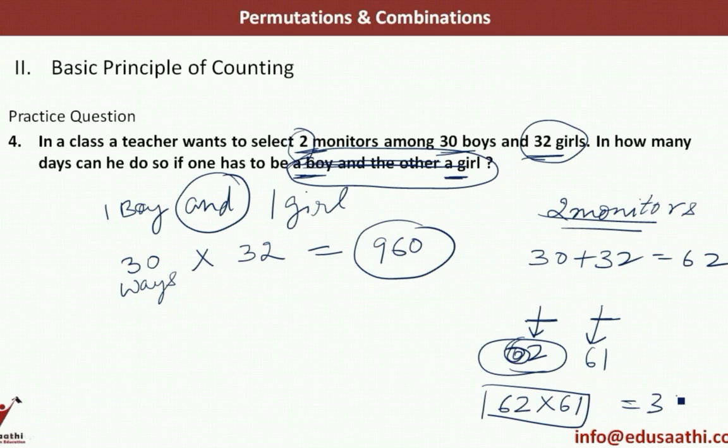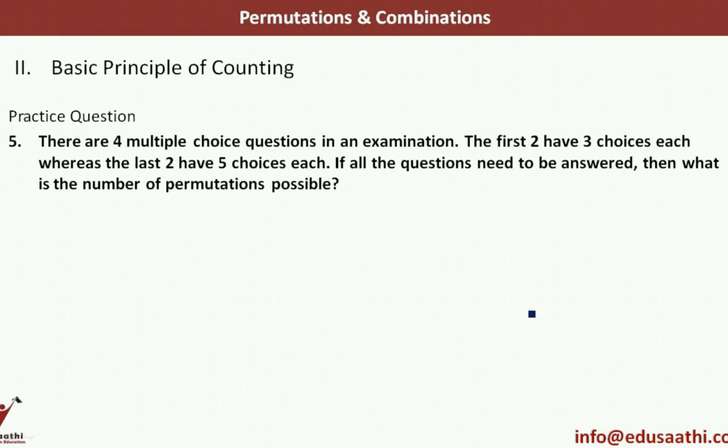You can see there's a considerable difference in the answer. So one condition waived off increases the number of ways I can choose, because in this case I can have two boys, two girls, one boy and one girl. Any combination will do. So let's move on to the next question.